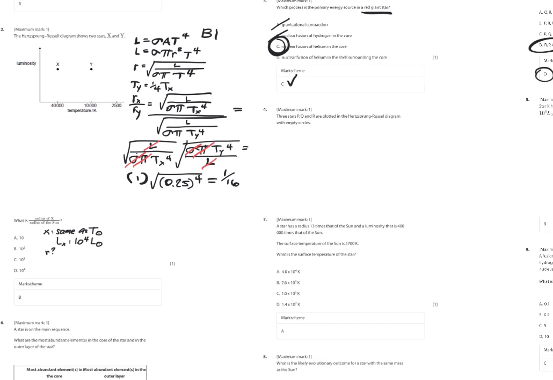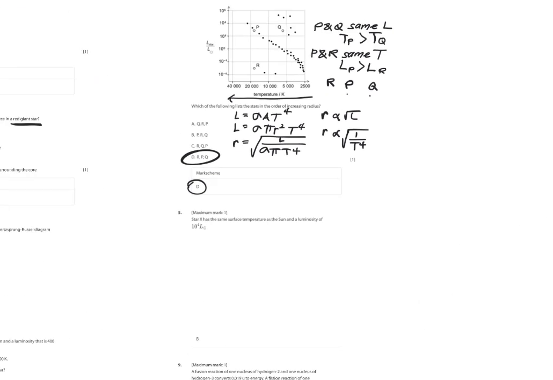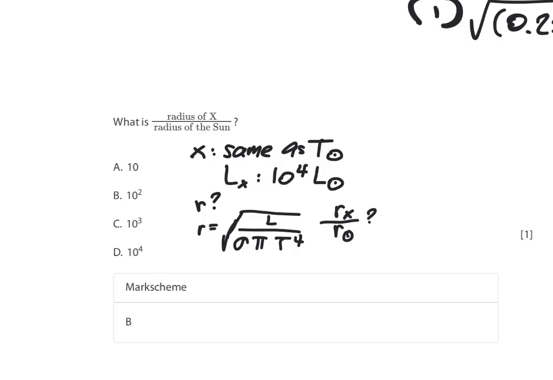All right, well, the formula for radius, we have it right over here, is radical L over Stefan-Boltzmann times pi times T to the fourth. Square root all that. And so we're looking at the ratio of radii. Well, the temperature is the same, so the fourth power of the temperature does not matter.